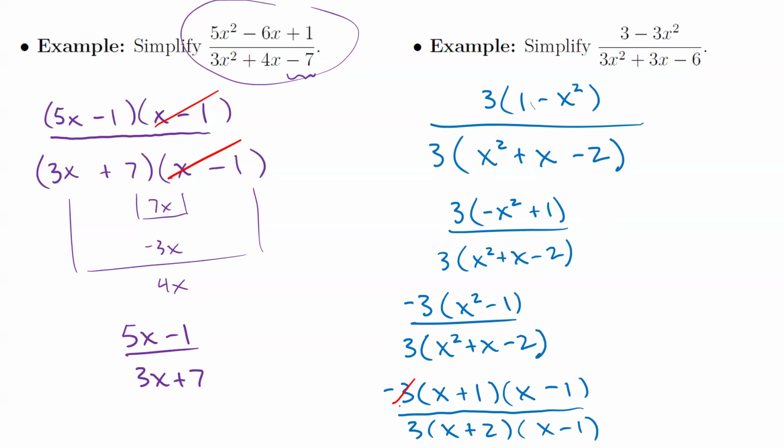We can see these 3's going away, and these x minus 1's going away. And so our final answer here: we have a negative, but let's keep the parentheses, because this negative has to apply to both of these terms. Negative quantity x plus 1 over x plus 2.